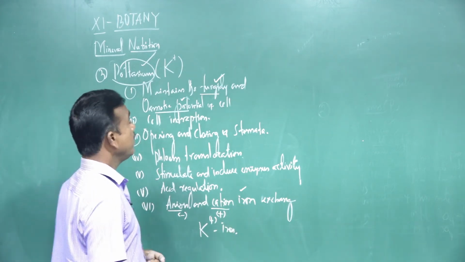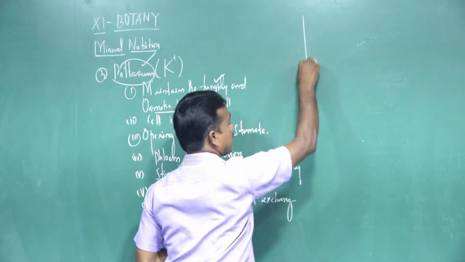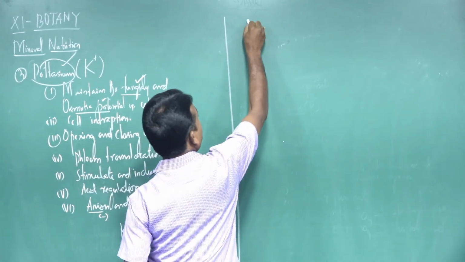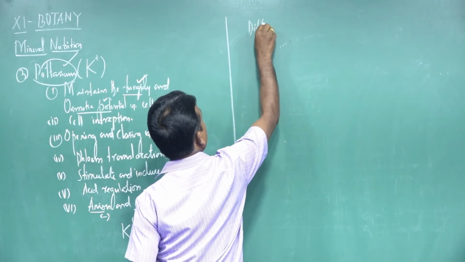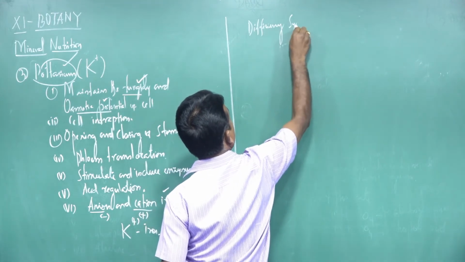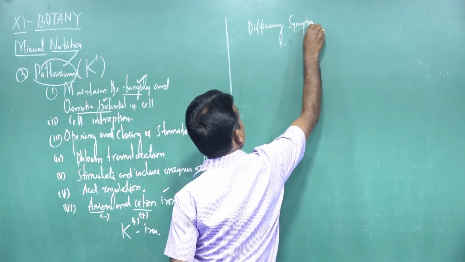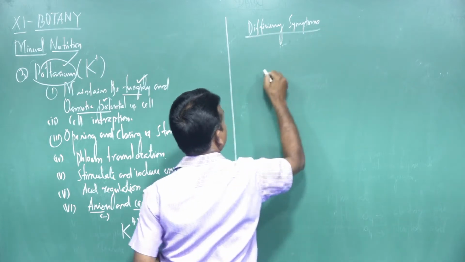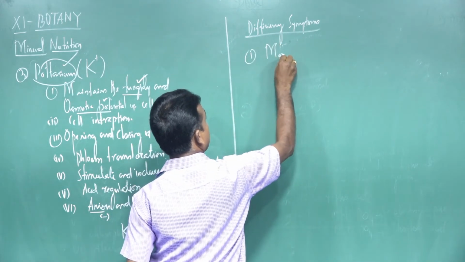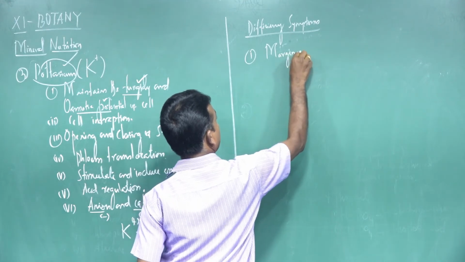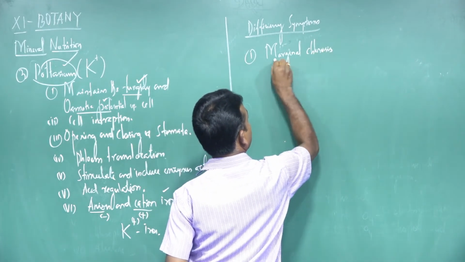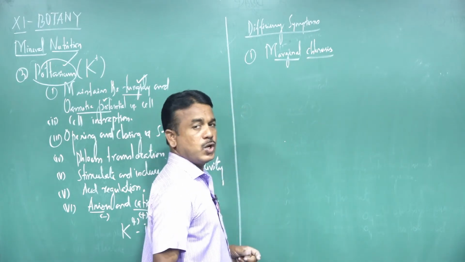If potassium is not available properly in the soil, what are the deficiency symptoms? First of all, marginal chlorosis. What do we mean by marginal chlorosis?